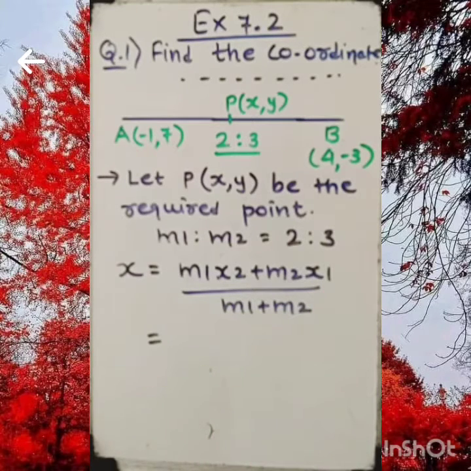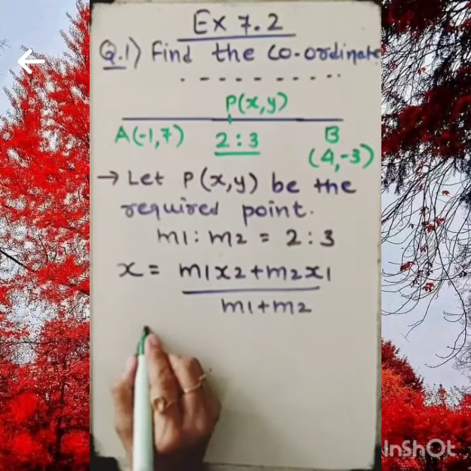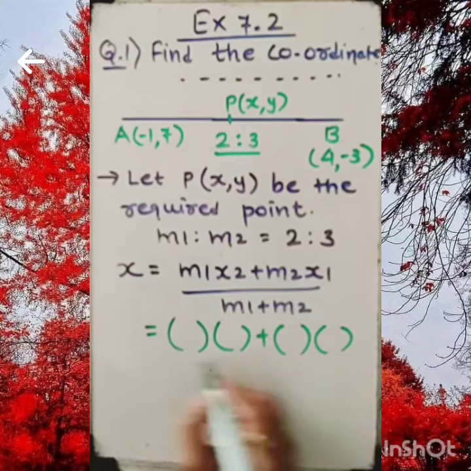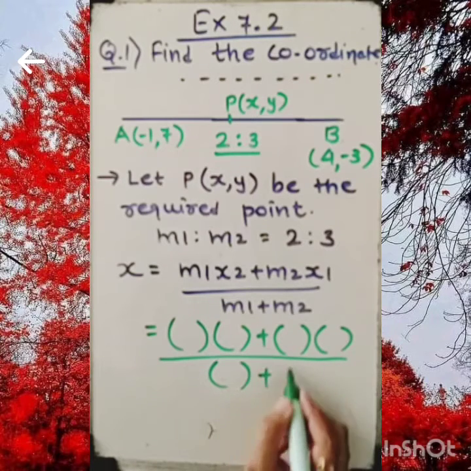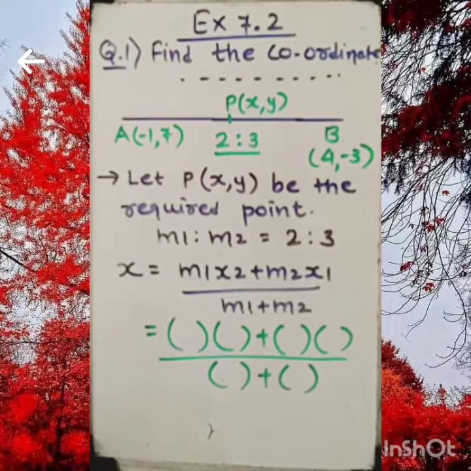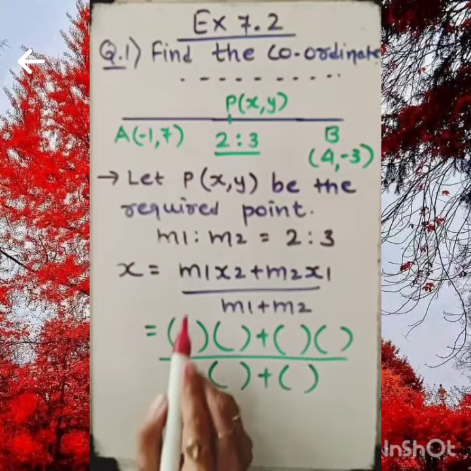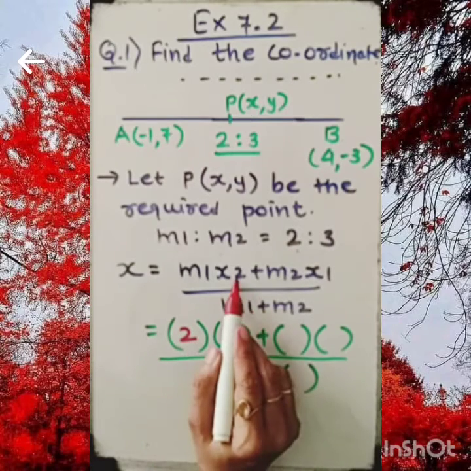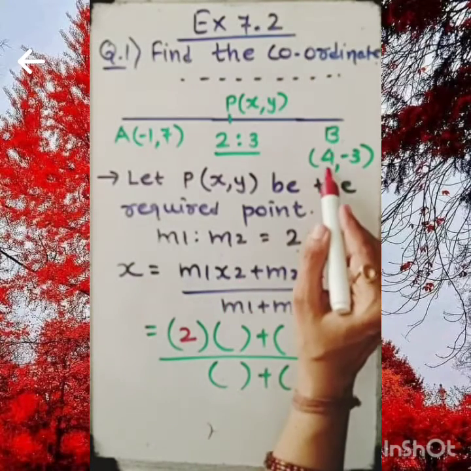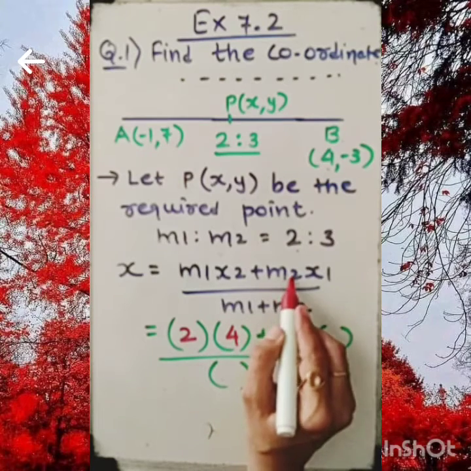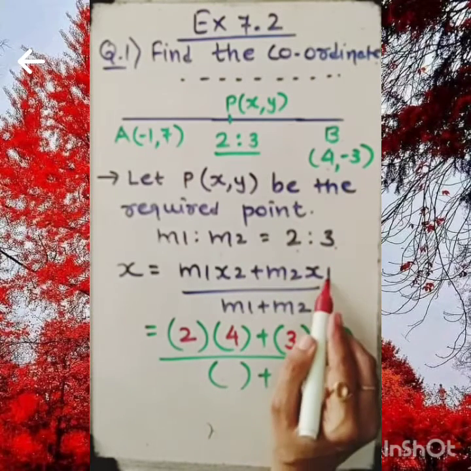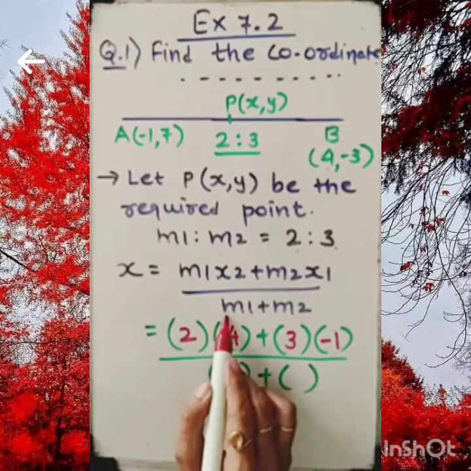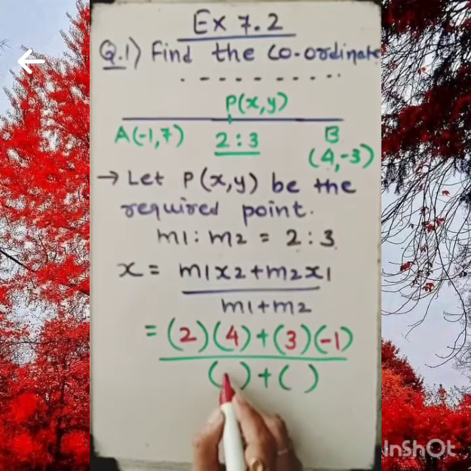So here I need to substitute the values. Very simple, very easy. What is m1 here? That is the ratio, it is 2. x2 is the coordinate of B point, that is 4. m2 is 3. And x1 is the coordinate of A, that is -1. And m1 plus m2 is 2 plus 3.